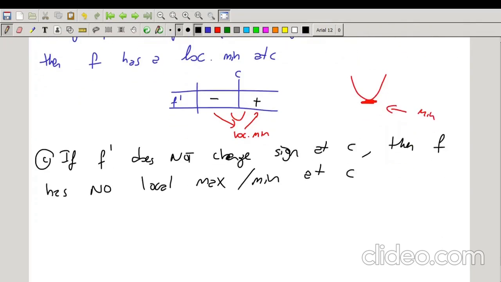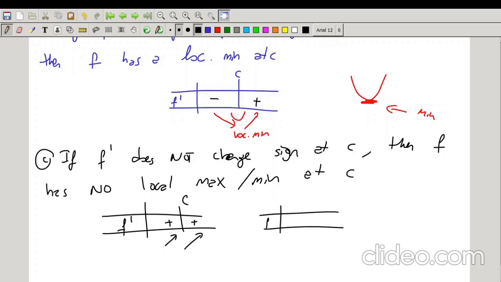In other words, again, if f prime is given in the following table, so you have c, and this is always plus plus, so it means it is increasing, so it doesn't give us any local minimum or maximum. Again, if we have f prime and this is point c, minus minus, it is decreasing, so no local minimum or maximum for both those cases. No local max or min.